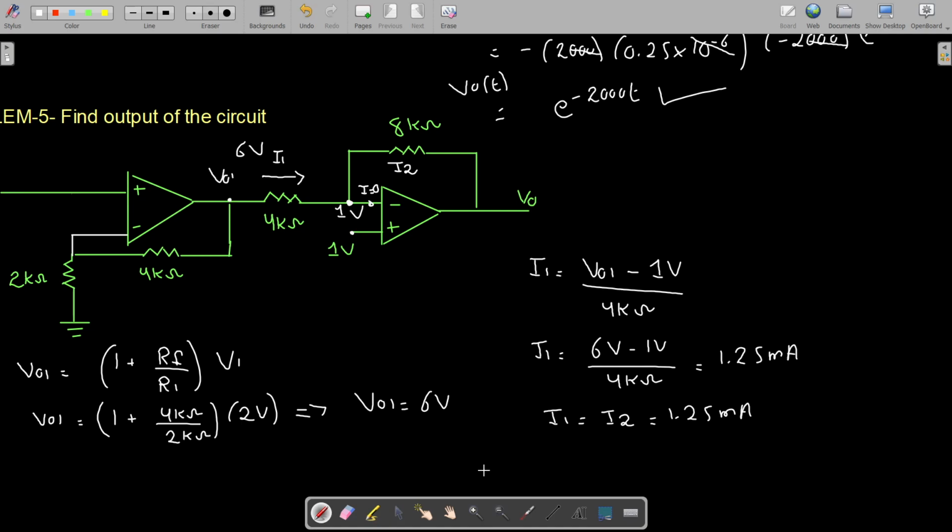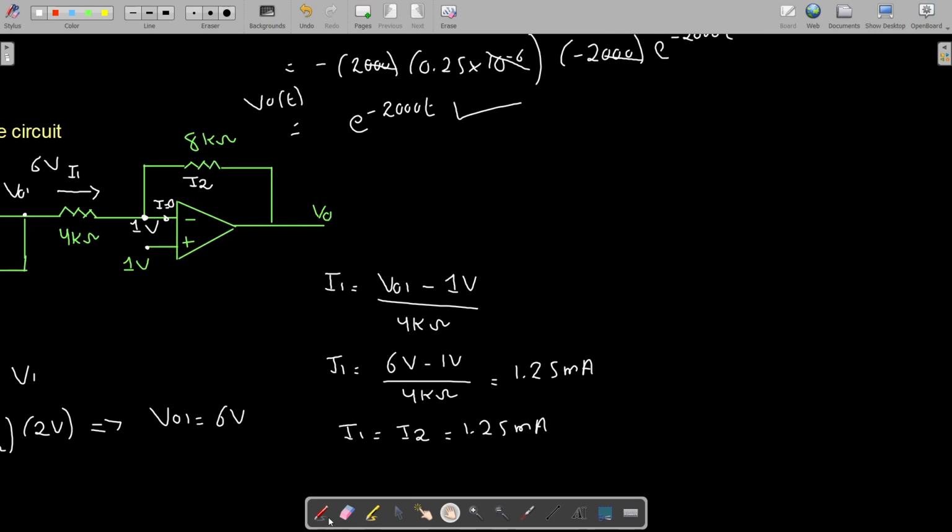Fine. Now what is I2? Let me draw a line for you so that you do not get confused. I2 is your 1 volt minus the V naught, divided by 8 kilo ohm. And this is 1.25 milliampere.